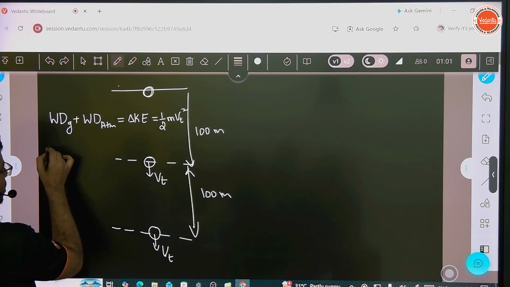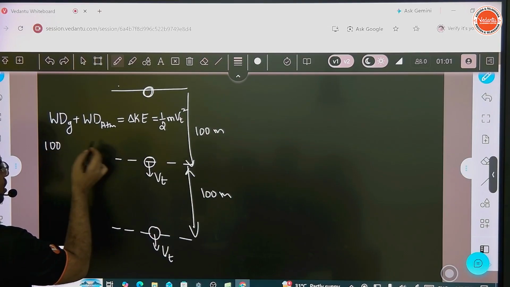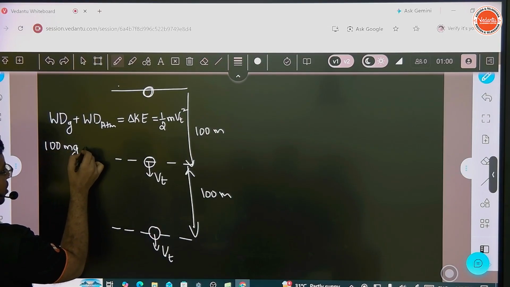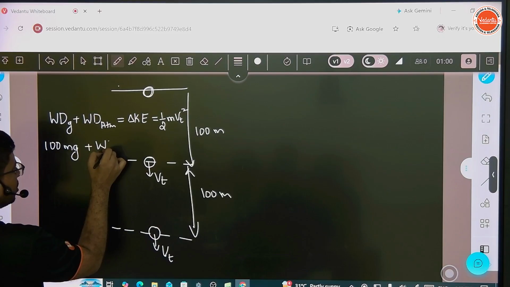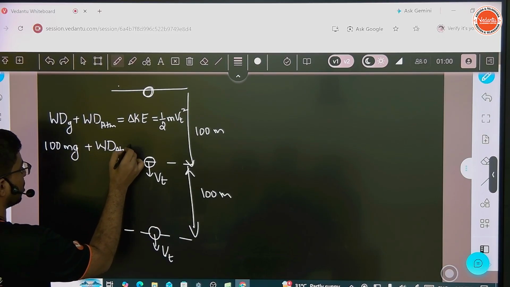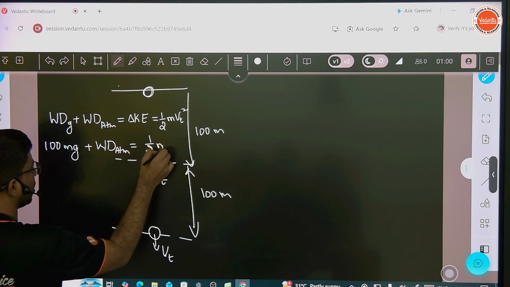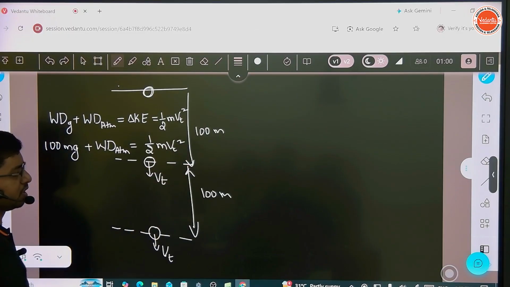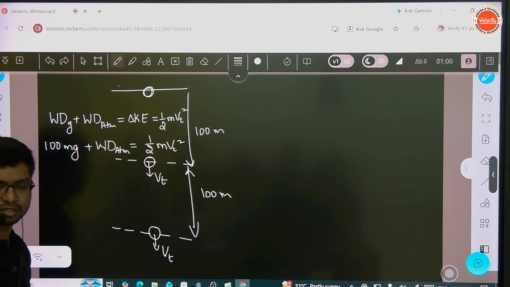Now, what is work done by gravity here? Work done by gravitational force here is equal to mg into 100. So I write this as 100 mg plus this is your work done by atmosphere here, which is equal to half m Vt square. Agreed, right?